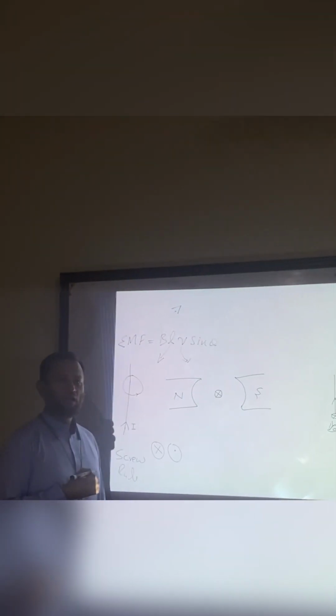This is the conductor with current flowing in this direction. Whenever I am looking from this direction, the current will be a cross, and whenever I am looking from the other direction, the current will be a dot.